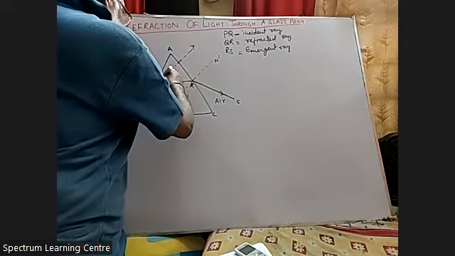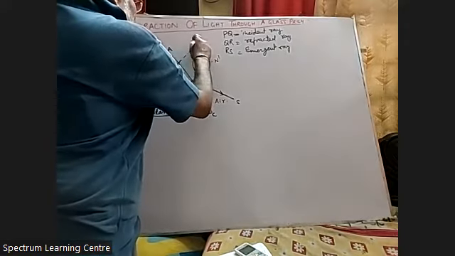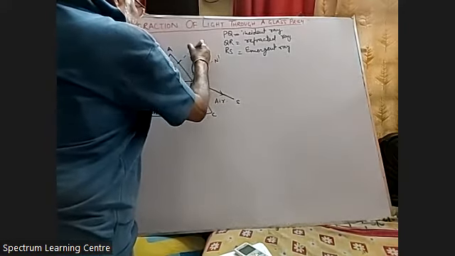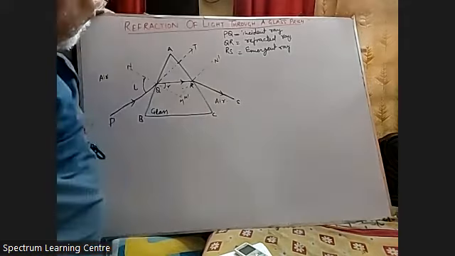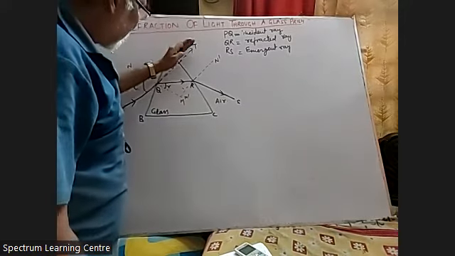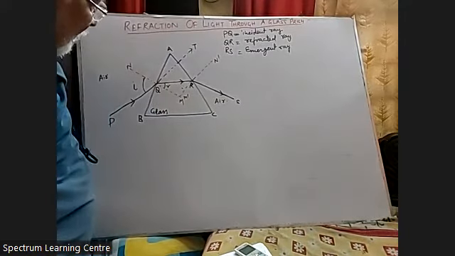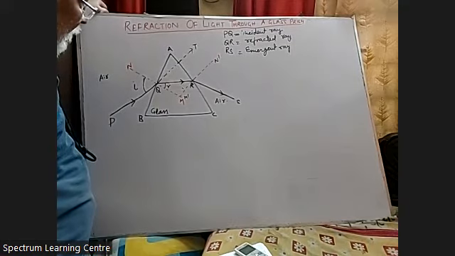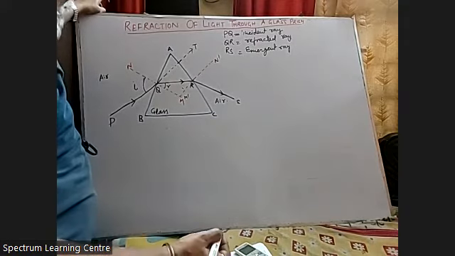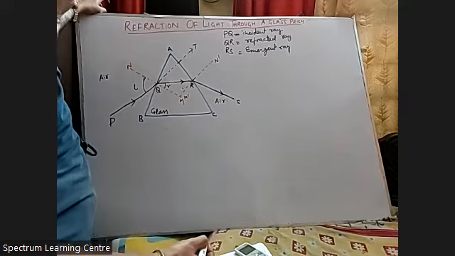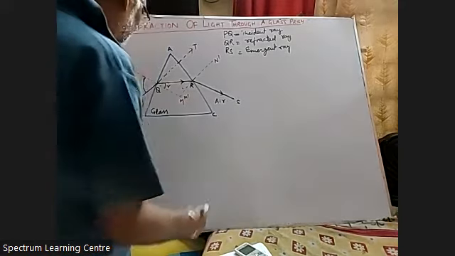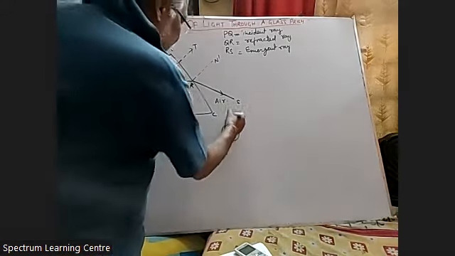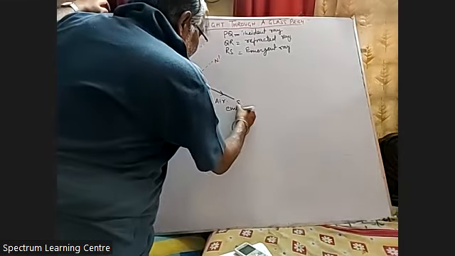If there were no prism, then it would have traveled in this direction. So we can assume that this is the original path. Now, can you name what is the final path? RS. Good. This is also known as the emergent ray.